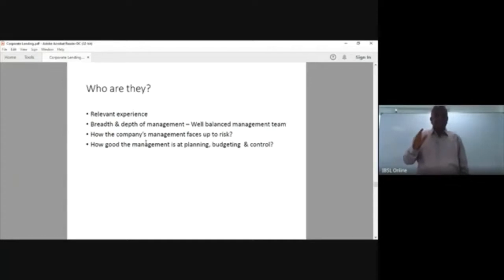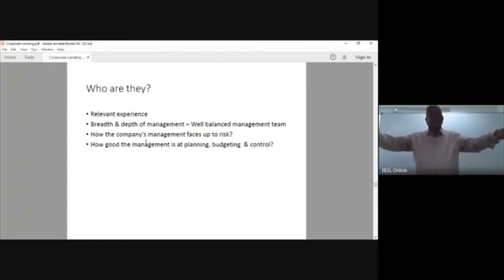Well-balanced management team. Now, well-balanced in the sense that there are management functions, and those management functions should be managed by qualified, experienced management people. There may be production, human resource management, marketing management, financial management, administration, and sometimes training.